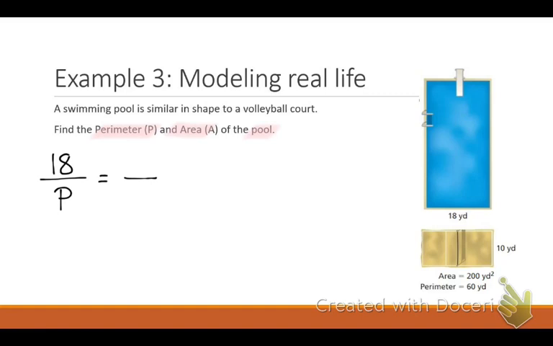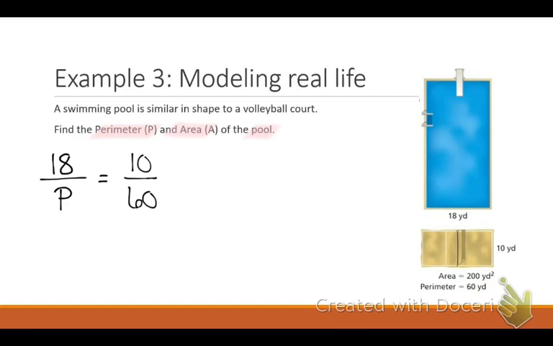So what is the width of the tennis court? 10 yards. And what is the perimeter of the tennis court? 60. So guys, do you see what I did there? Width of both over perimeter of both. Here's where your answers could be different on a quiz or a test.